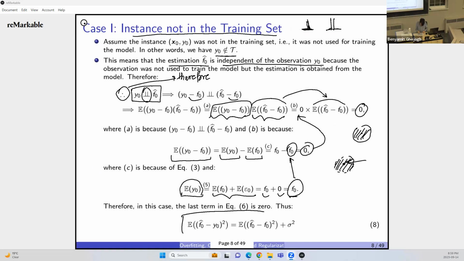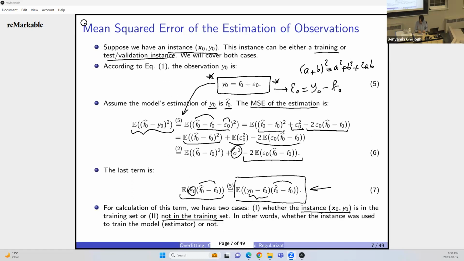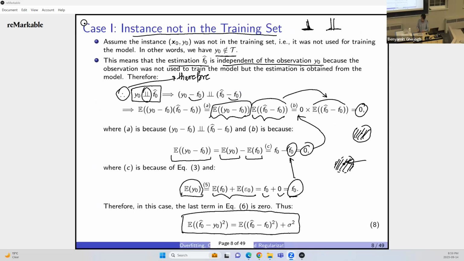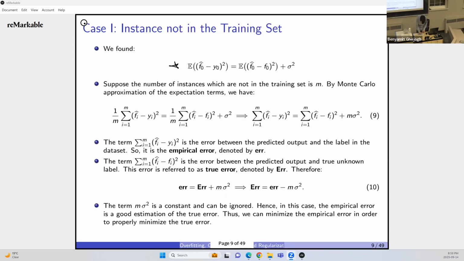So this equation 6, this mean squared error, right? Became simplified to equation 8 in this case. Expectation of f0 hat minus f0 squared plus sigma squared, right? This is what we found. I'm repeating it. Now assume we have m data points which are not in the training set. So m test points or m validation points.